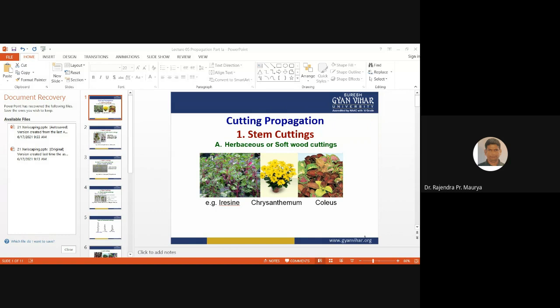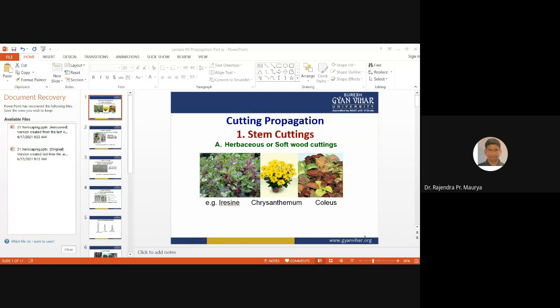And on the other hand, opposite leaf plants, you are looking in the above diagram, from the same axis you will see two leaves in both directions. So this one is very easy.